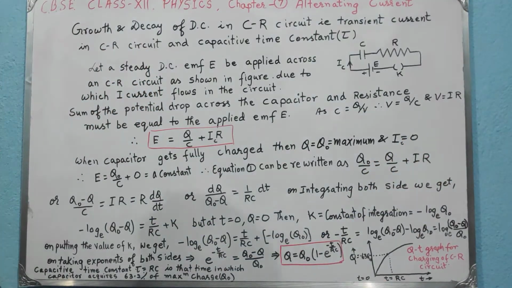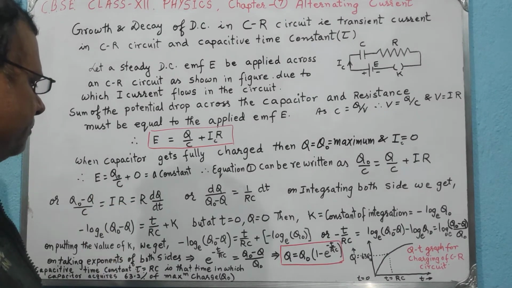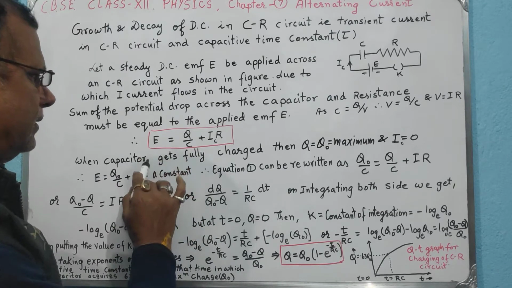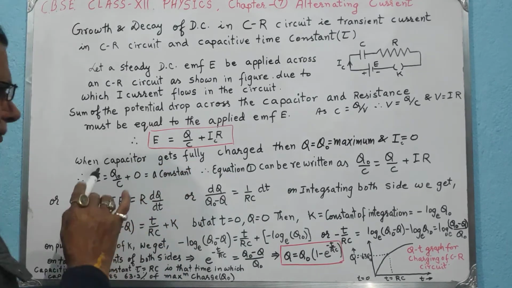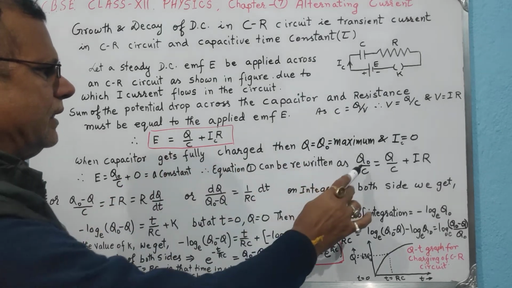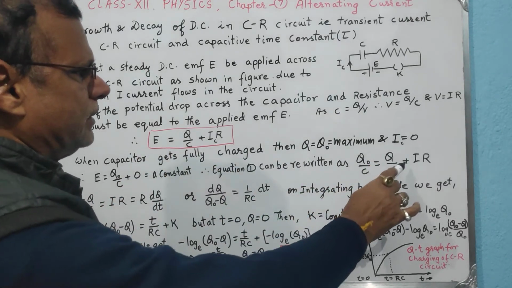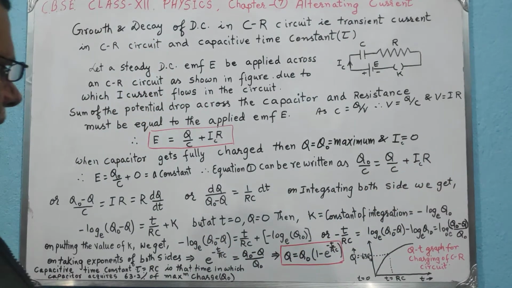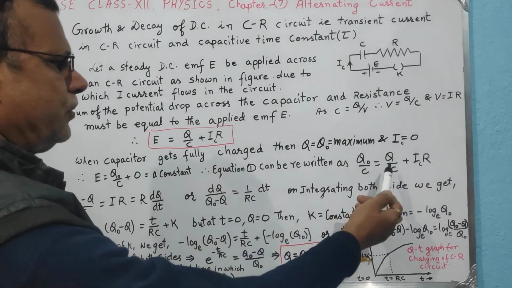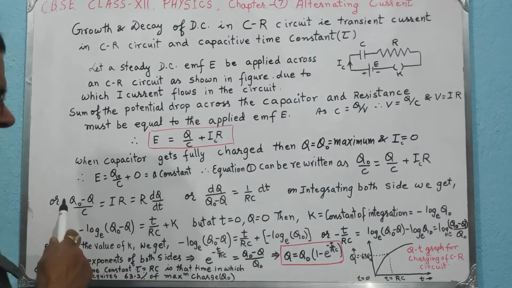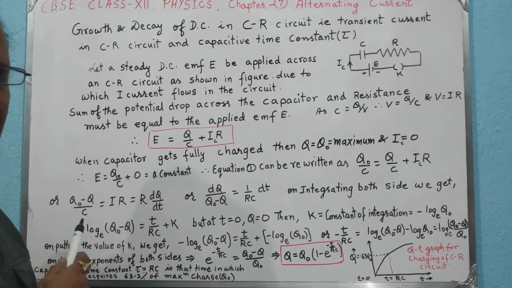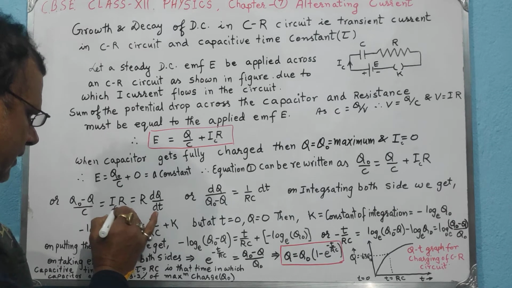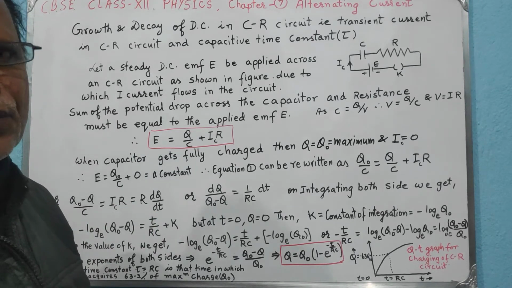So we can write E is equal to Q0 by C, and that is a constant. If we put this value of E in the equation, we get Q0 by C is equal to Q by C plus IC into R. When we shift the Q by C value to the left hand side, we get Q0 minus Q divided by C equal to IC into R. And you know current is the rate of flow of charge.